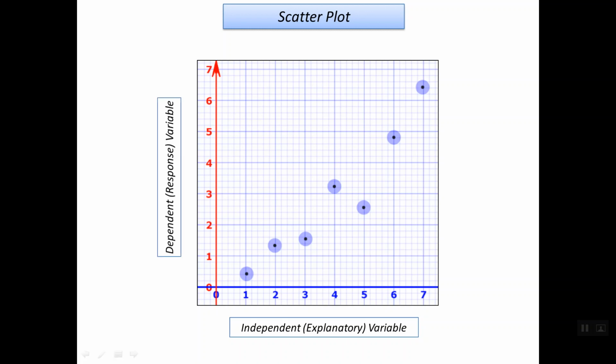And the other variable, the dependent variable, sometimes called the response variable, is represented on the y-axis. So this is how to represent the two variables in order to understand the scatter plot and the correlation between these two variables.